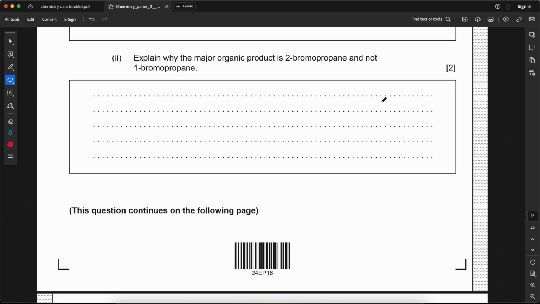Explain why major organic product is 2-bromopropane and not 1-bromopropane.